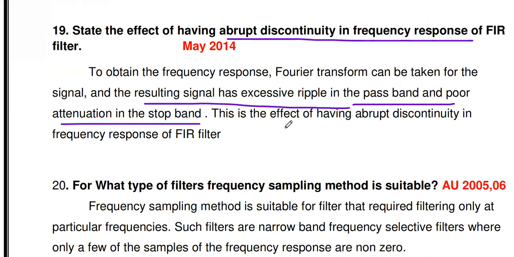So if you take the Fourier transform, we get the excessive ripple, that is the oscillation in the pass band, and a poor attenuation in the stop band. We will not get full attenuation in the stop band, we will get only some attenuation. That is the effect of abrupt discontinuity in the frequency response of FIR filter.